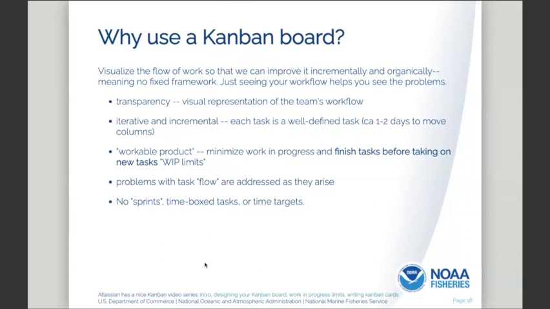And the board is giving you a visual representation of the workflow. So I showed you that example where it's going from thing to thing. If you saw that the in review part is just backing up, then you would realize, oh wow, something's wrong here. Our reviewers are not reviewing fast enough, or maybe nobody wants to review, so nobody takes that on.